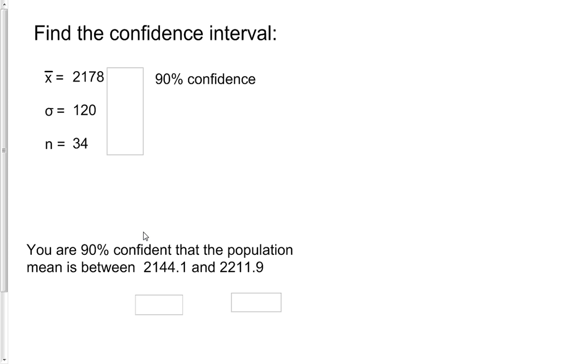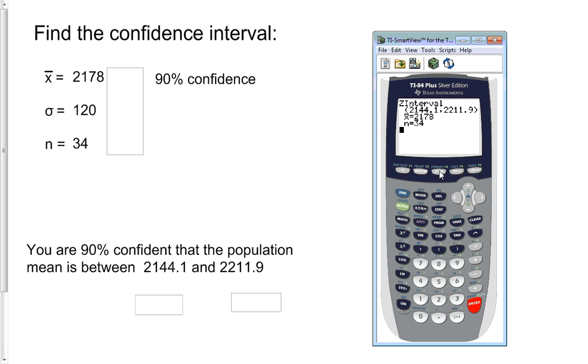And so using our formula for confidence interval, we can say that even though we don't know exactly what the true mean is, we are 90% confident that it falls between these two numbers. So again, our calculator lets us skip through some of the process that we had to go through before. So let's take a look at the next one.